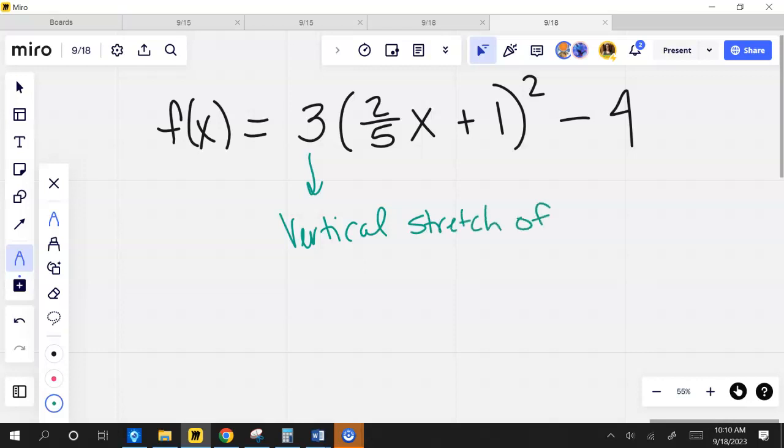Stretch of 3. Right, the fraction. Don't be a stretch. Stretch. Why?